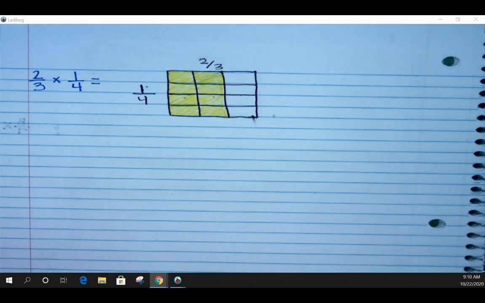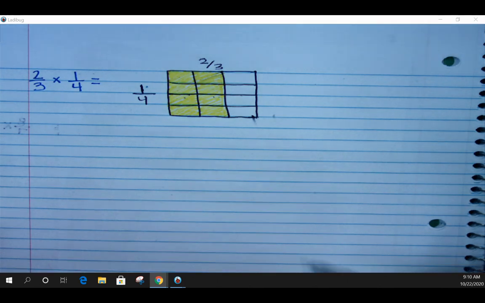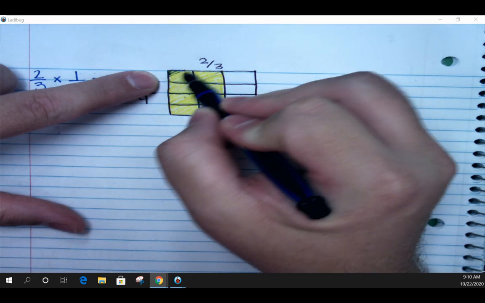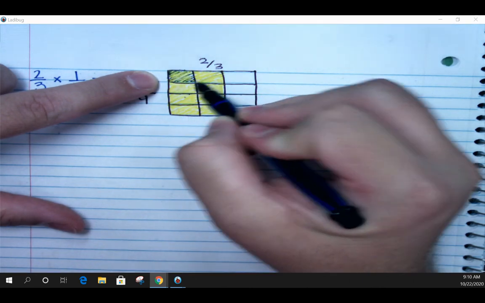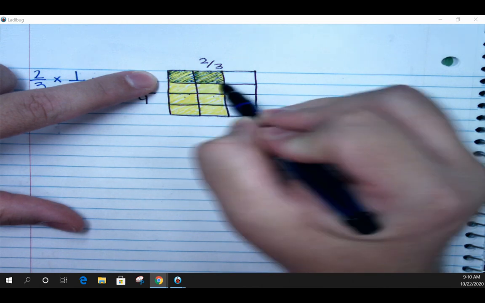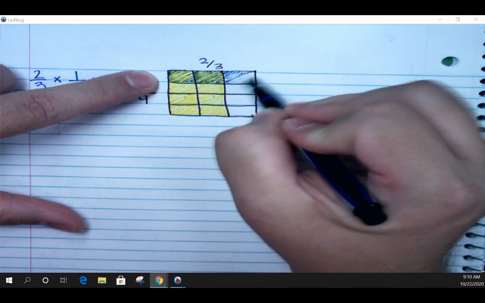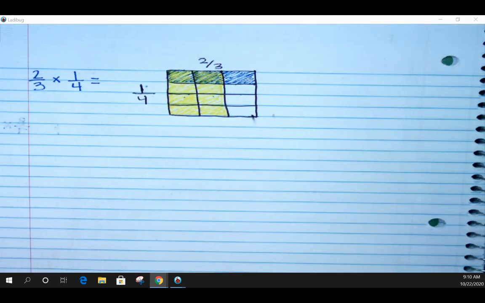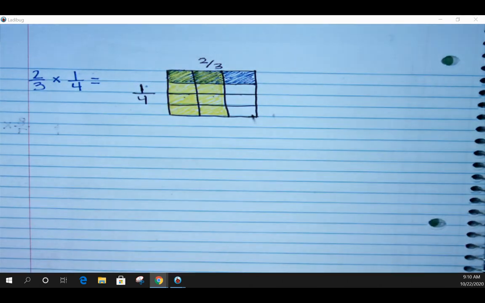How many fourths am I going to color blue? 1/4. So I'll just go up here to the top and start. And I don't color it all the way in. I like for that yellow to shine through. And I get here and I do 1/4. All the way across would be 1/4.